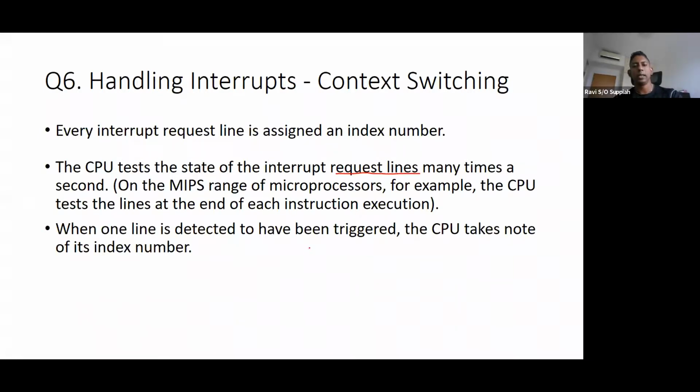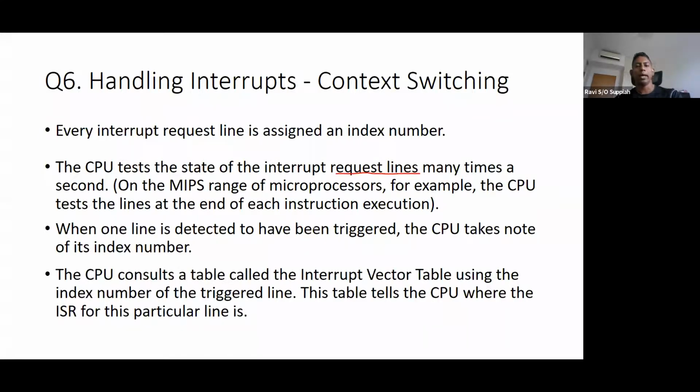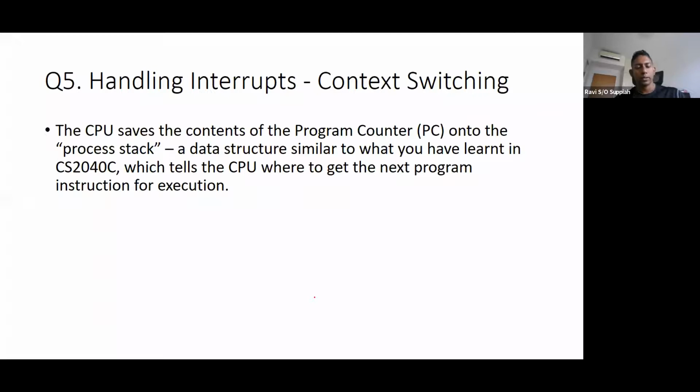Once the interrupt line is detected to have been triggered, it will take note of the index number and then look at the interrupt vector table using the index number. What is inside the vector table? The information inside the vector table is the address of where I need to jump to.